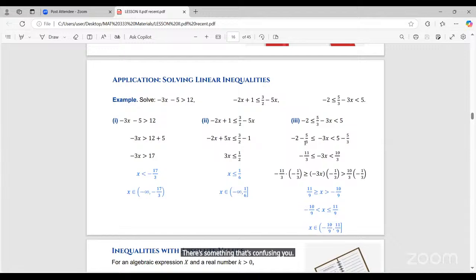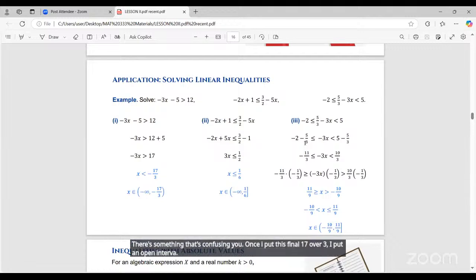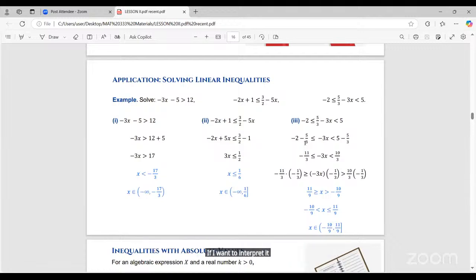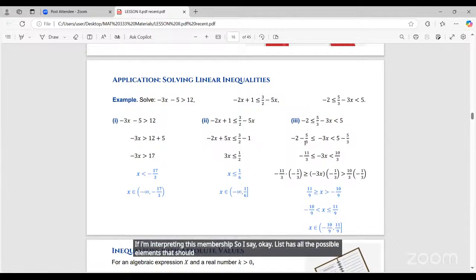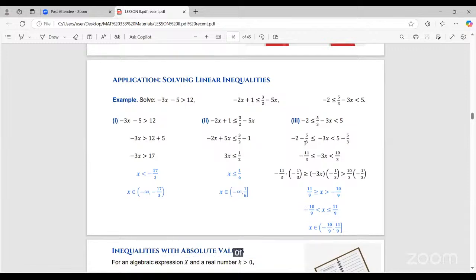Once I put this minus 17/3 and I put an open interval, if I want to interpret it and say, okay, list out all the possible elements that should be in this range, of course there will be elements, but this minus 17/3 will not be inclusive.